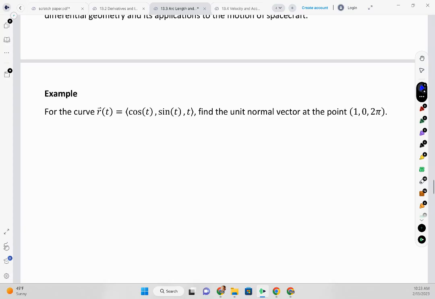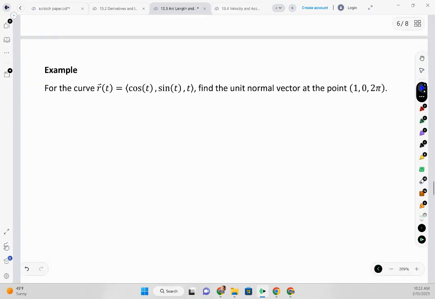So I'm back to the same curve in this example, the helicoid. R of t is cosine t, sine t, t. We're supposed to find the unit normal vector at the point (1, 0, 2 pi). Now remember, this is the same point as before, right? So we look at t equal to 2 pi, so that's our t value.